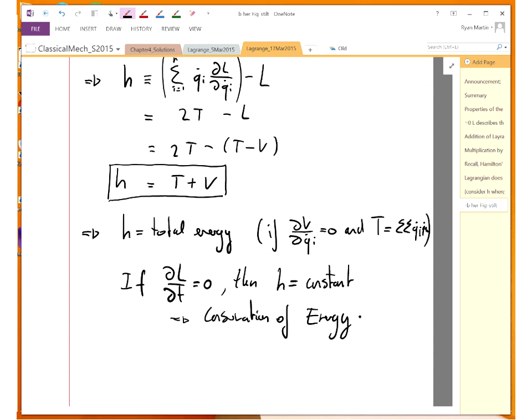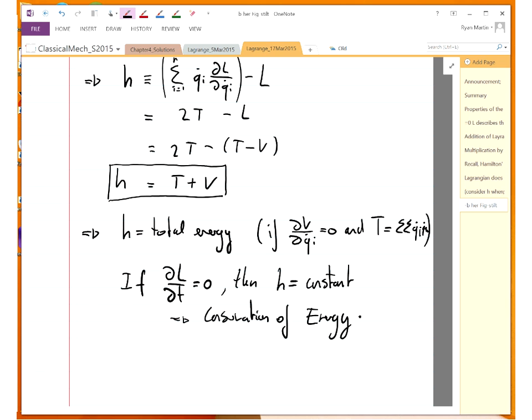And you see that that somehow relates symmetries in time to conservation of energy. Because if L doesn't depend explicitly on time, then I can shift time backwards and forwards by a constant, a translation in time, and the energy is still conserved. So there's some symmetry of the Lagrangian in time that's related to this conservation of energy.